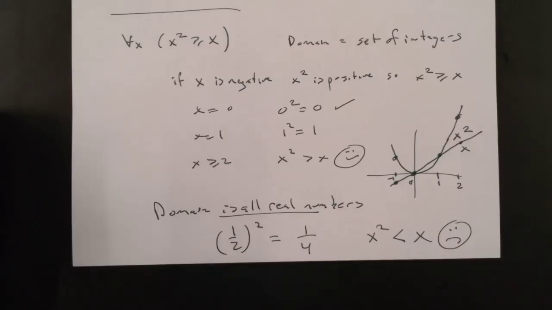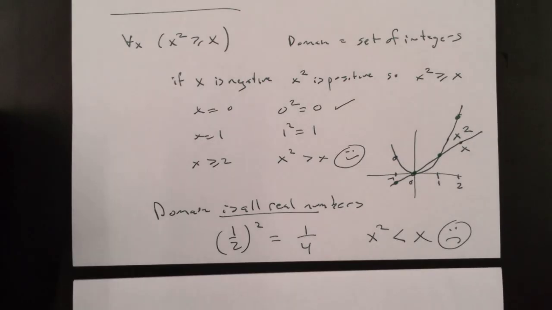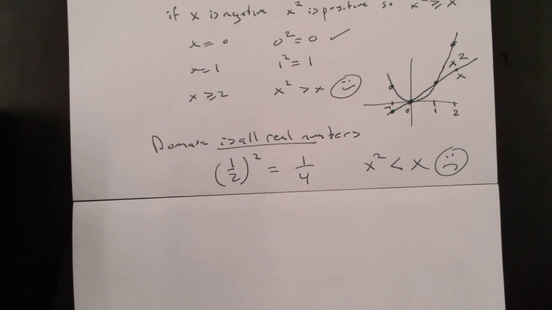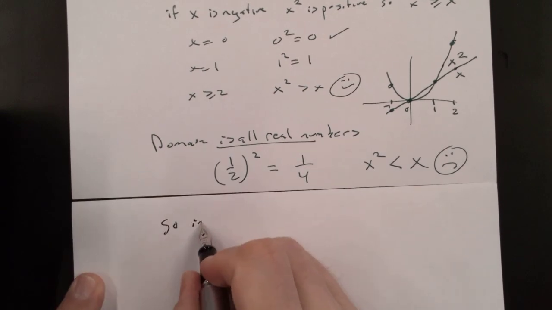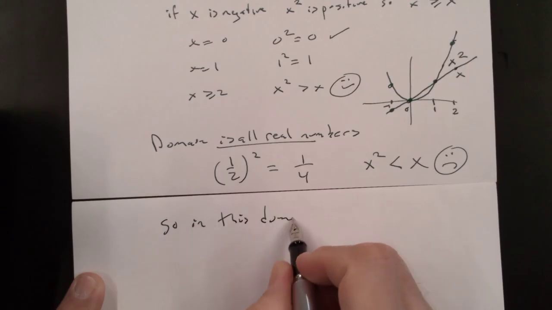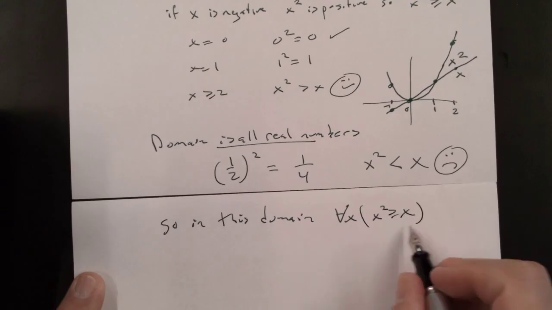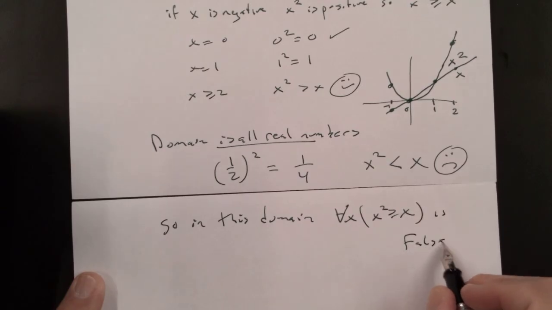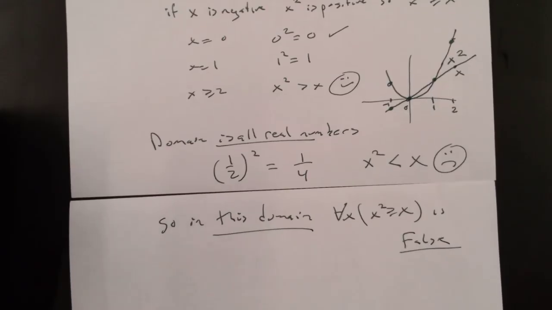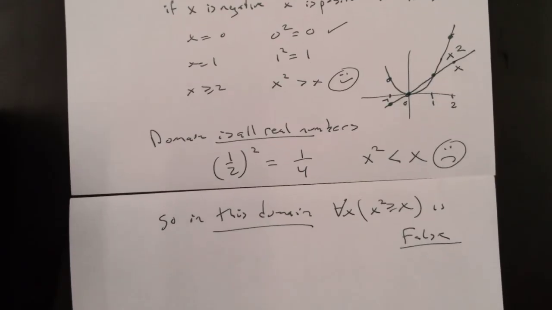Please notice, and this is an important idea, as soon as I find one example of it being false, the universally quantified statement is false. In other words, it takes one bad apple to spoil that bunch. A single counterexample.